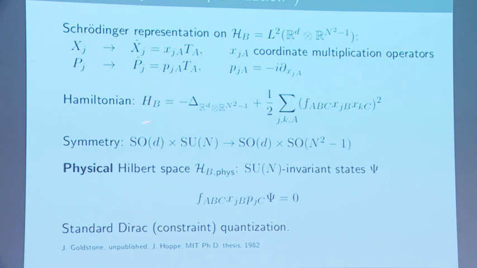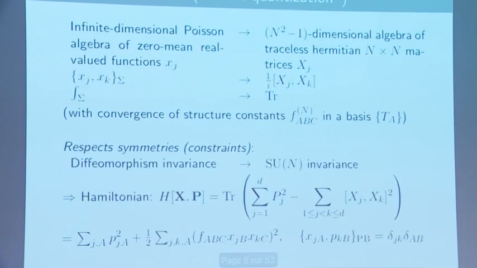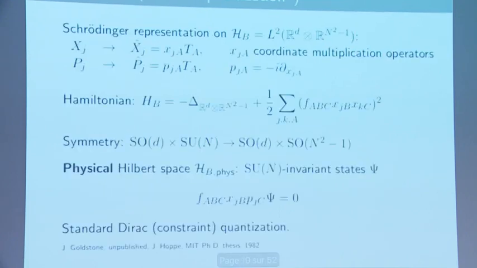Essentially, the Hamiltonian commutes with such rotations, but it also commutes with rotations in the matrix space, so SU(N) transformations, which are then represented in this basis by orthogonal transformations as well. But what we have to remember is that we have these constraints of diffeomorphism invariance. So we still have that constraint which we have to implement.